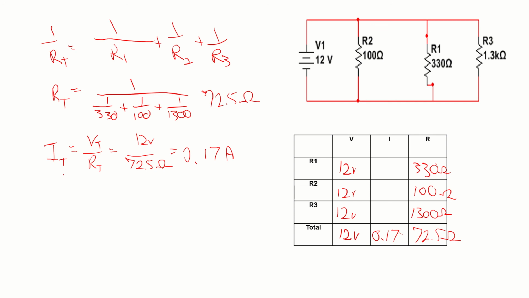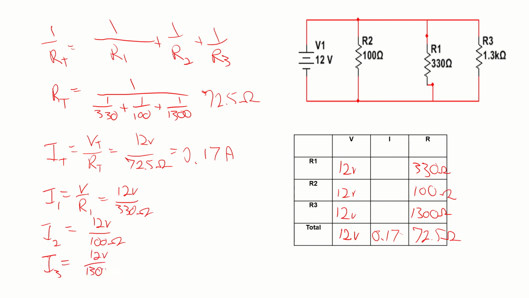So now I need to find my individual currents. I1 is going to be V1 over R1, which is 12 volts over 330 ohms. I2 is going to be 12 volts over 100 ohms. And I3 is going to be 12 volts over 1300 ohms.